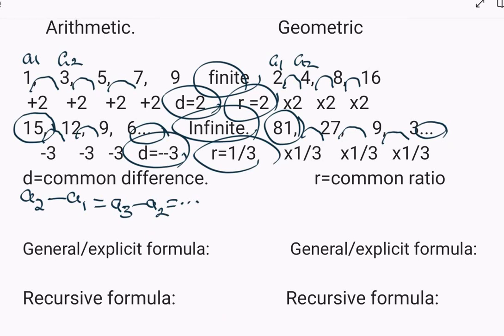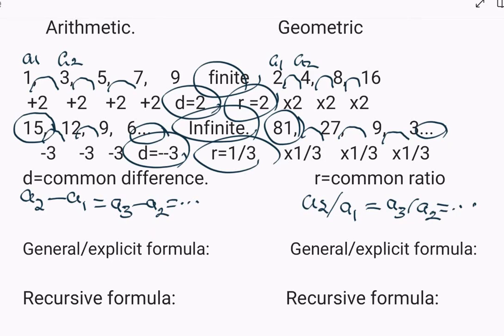The top sequence was 2, the bottom sequence minus 3. On the geometric side, a sub 2 over a sub 1 must equal a sub 3 over a sub 2, and so on. So the ratio of two adjacent terms must stay the same along the sequence.